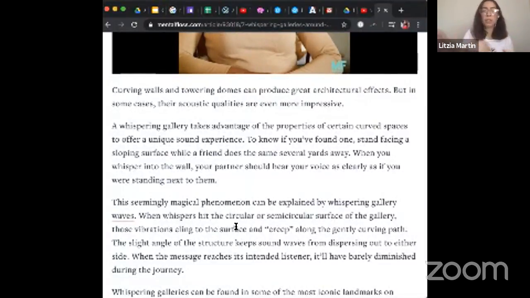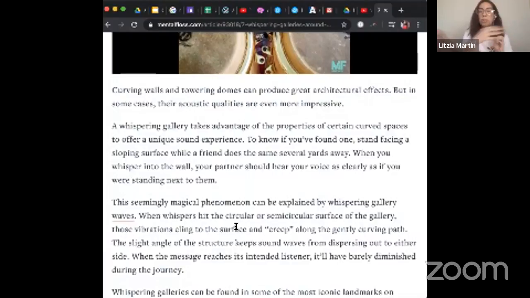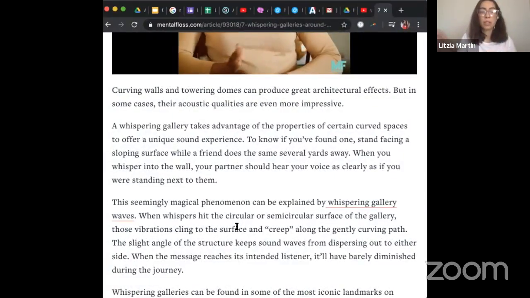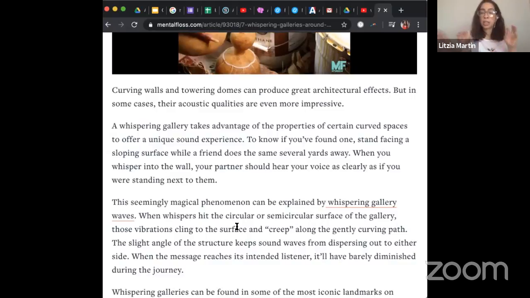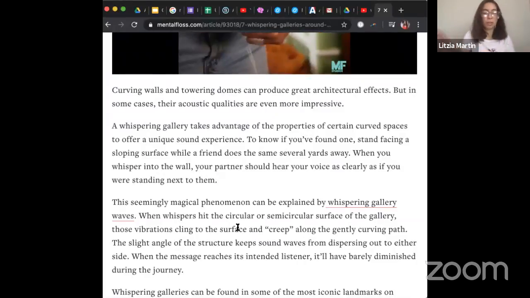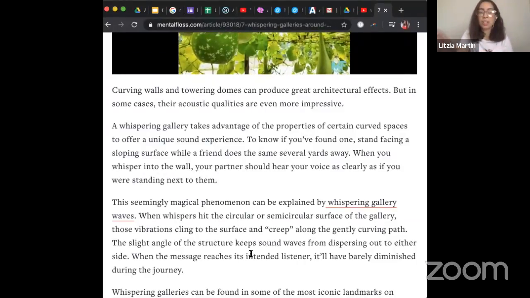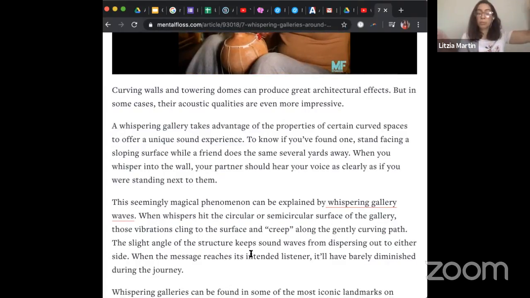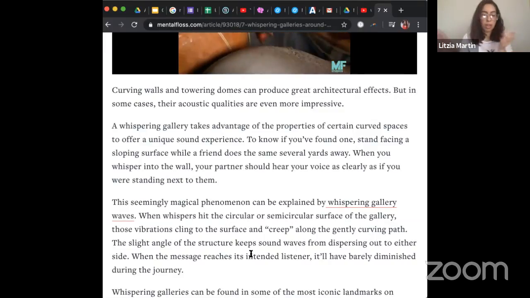Being in a curved space, sound bounces off of the walls. If you are standing next to the wall in a particular spot, which we'll talk about in a second, then you're actually able to hear someone who's far away on the other side of the room as if they're whispering right next to you, which is kind of crazy.